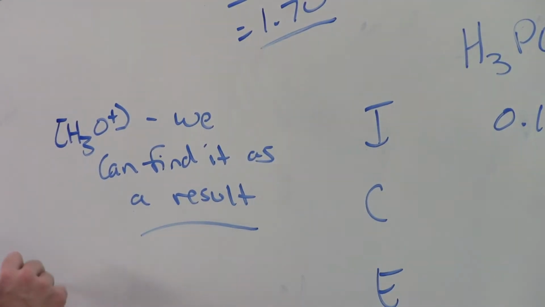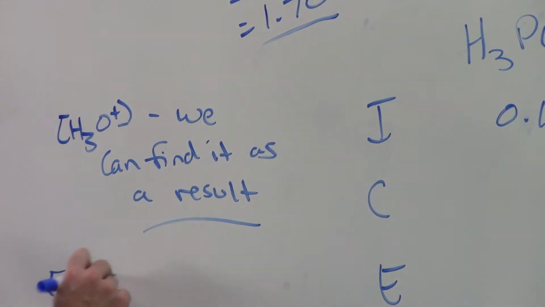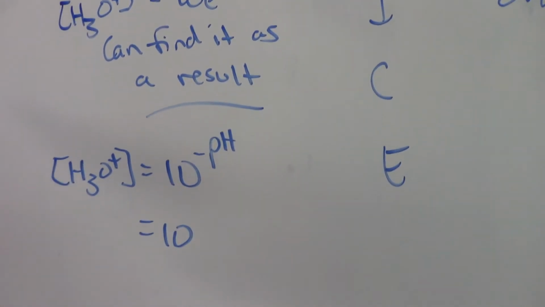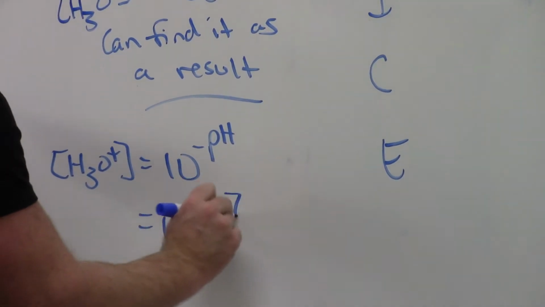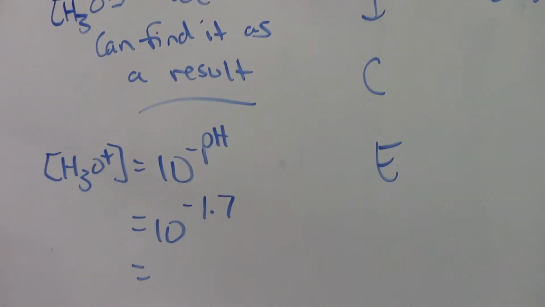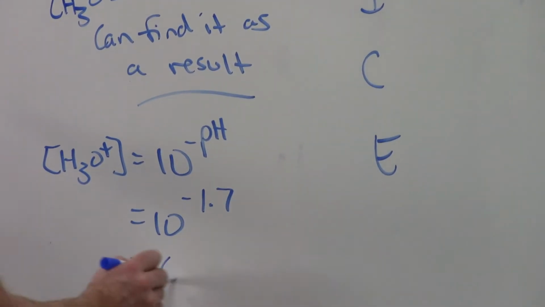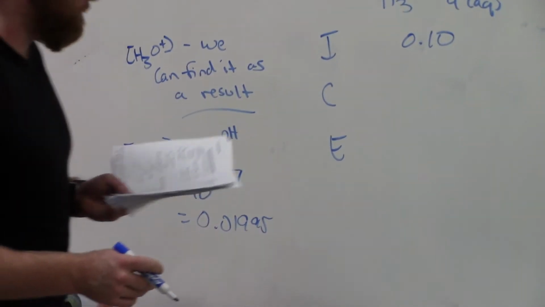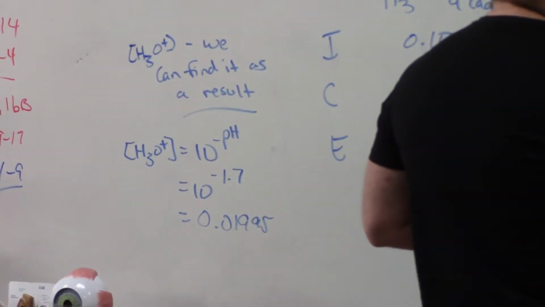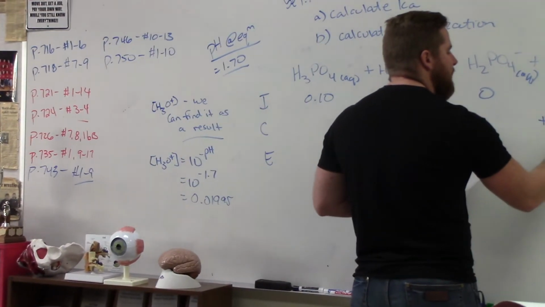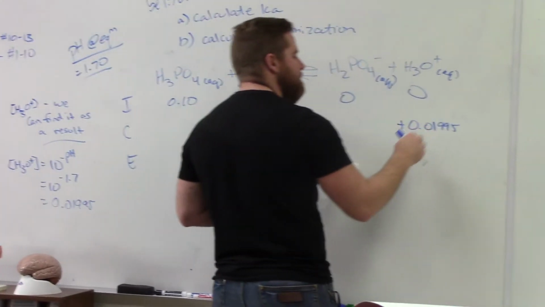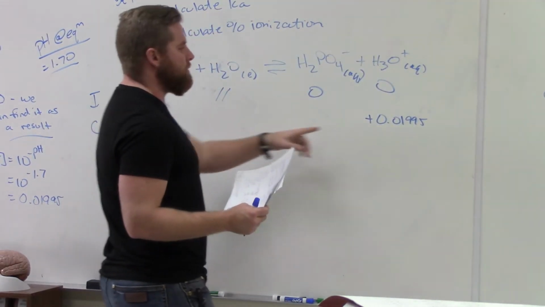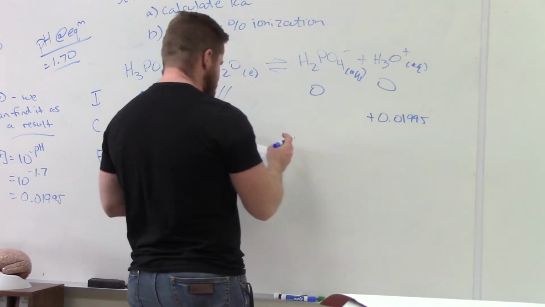Okay, so the concentration of hydronium equals 10 to the negative pH. So that's going to equal 10 to the negative 1.7. So that equals, when we solve for that, 0.01995. So this increases by a factor of 0.01995. Okay, 1-to-1 mole ratio, so I don't need to carry an exponent down.